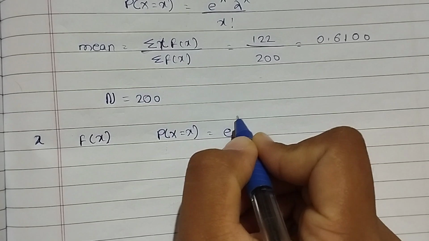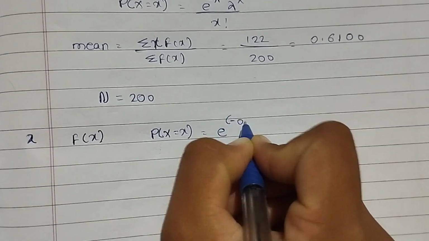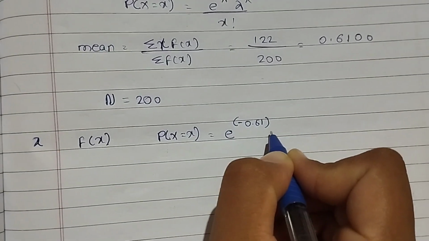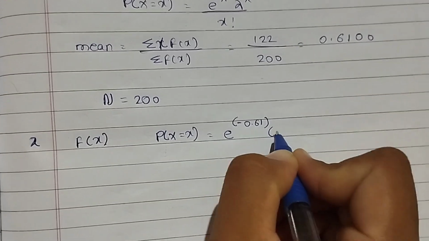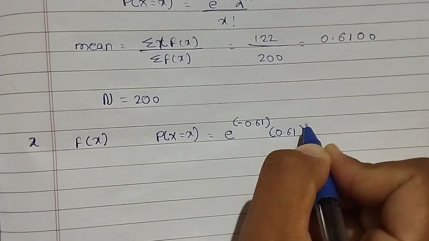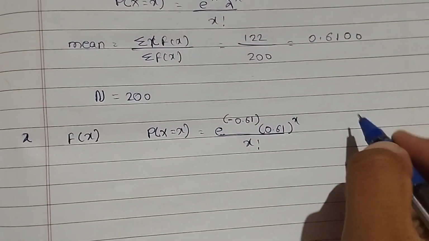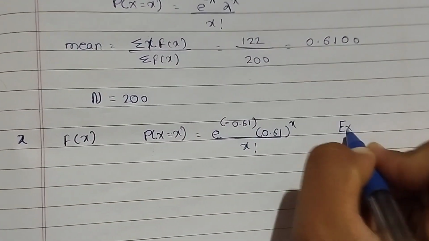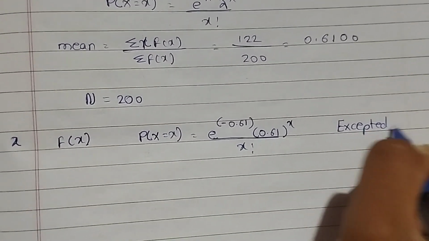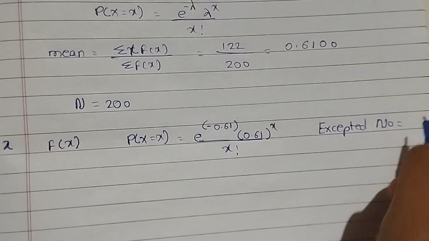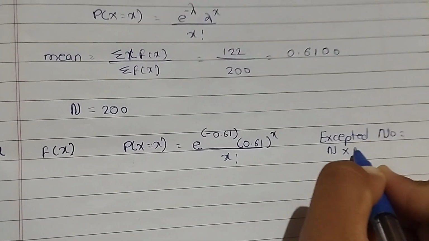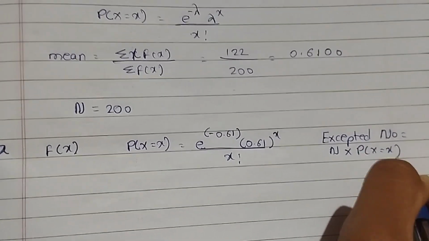So e raised to minus 0.61 into lambda raised to x, so 0.61 raised to x upon x factorial, and the last column is for the expected number. Expected number is equal to N into probability.